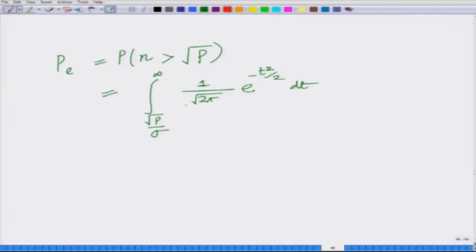And now you can easily see that this expression, 1 over square root of 2 pi times e raised to minus t square over 2, corresponds to the distribution of a Gaussian random variable with mean 0 and variance 1.